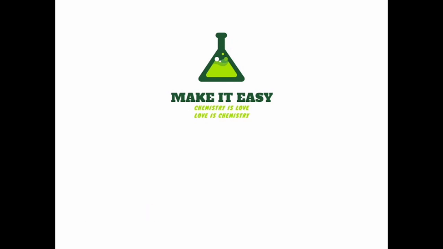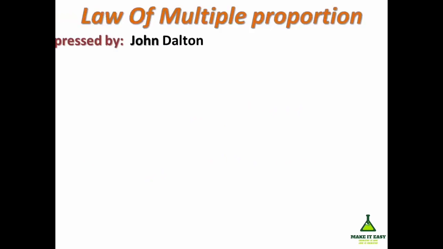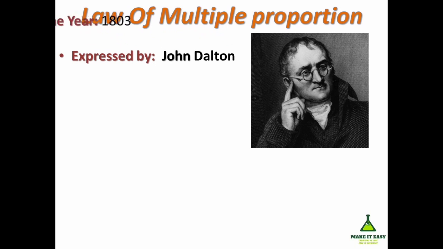So today I am here with the law of chemical combination part 3, which contains the law of multiple proportion. The law of multiple proportion was first proposed by John Dalton in the year 1803. So we should know the statement of the law first.